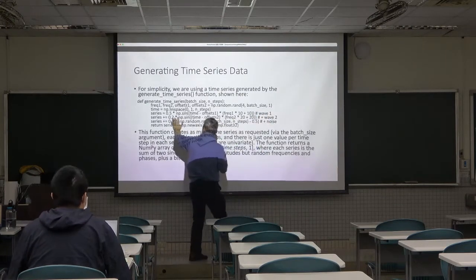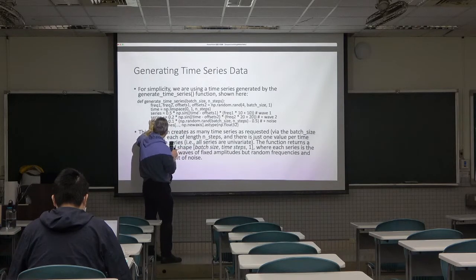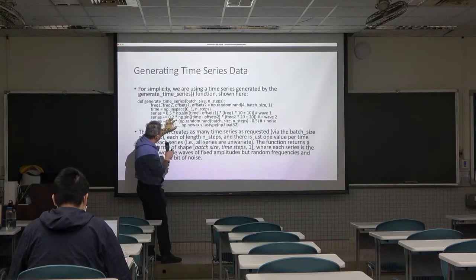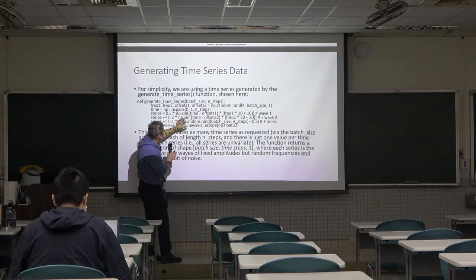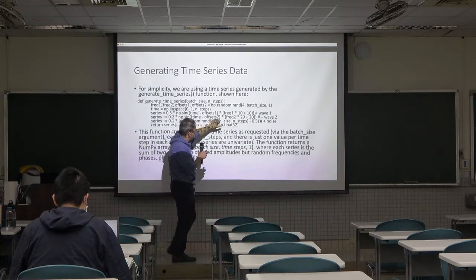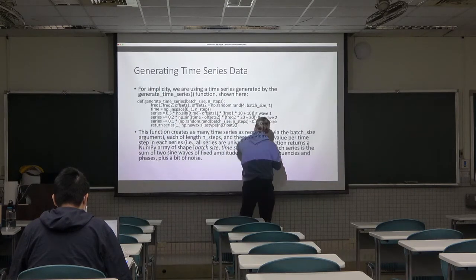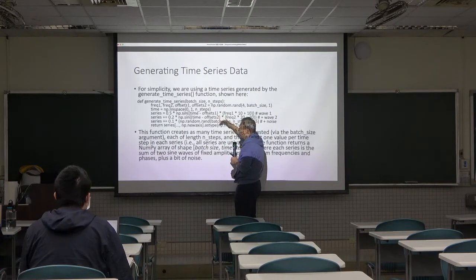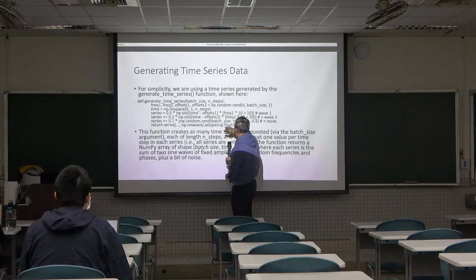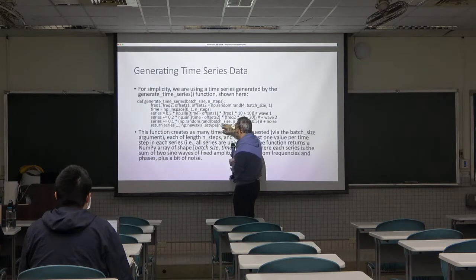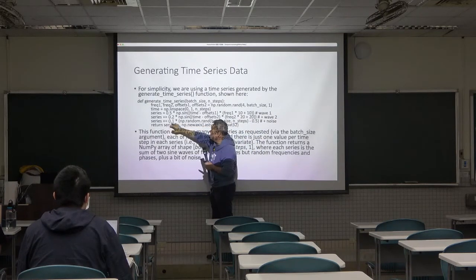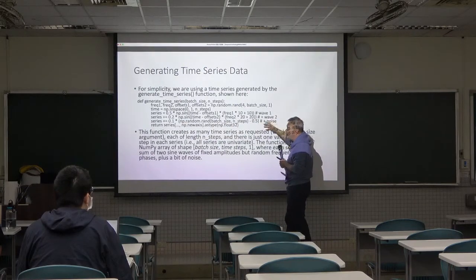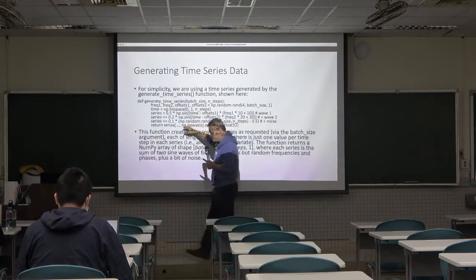We first add this to the series, and then we add another wave, defined by 0.2 times sine of this thing. So this is a sum of 2 waves, and then we also add some noise, and then we return this series.